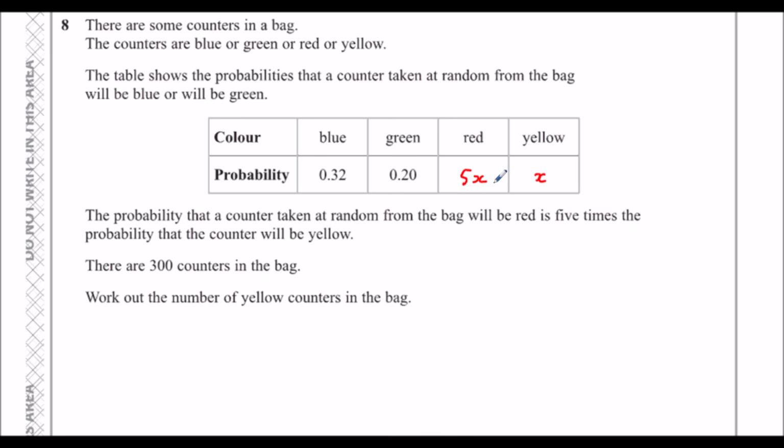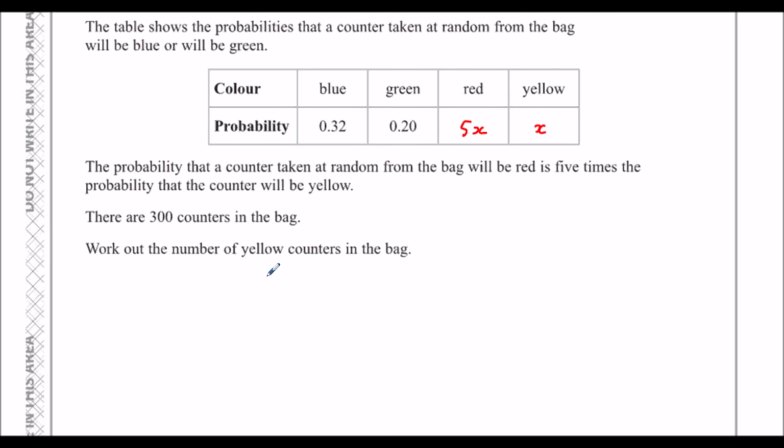So let's find out what these are. All the probabilities have to add up to one whole. So 0.32 plus 0.2 plus 5x plus x must add up to 1. So 0.32 and 0.2 add up to 0.52. 5x and x makes 6x.